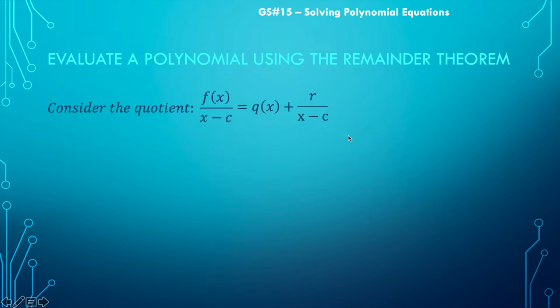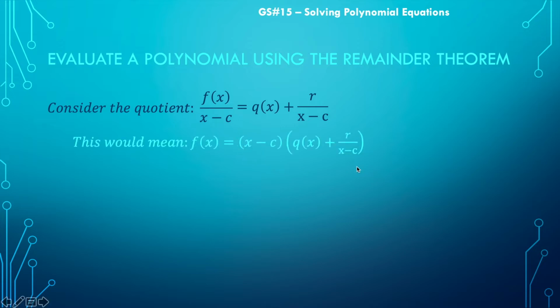Okay, so now let's think about what f of x equals. If I wanted to solve for just f of x here, I would multiply everything by the quantity x minus c.